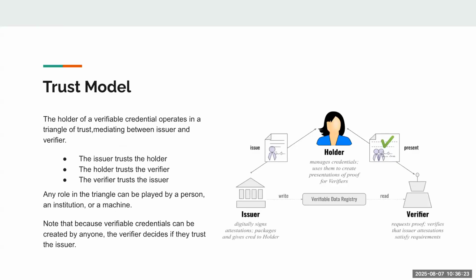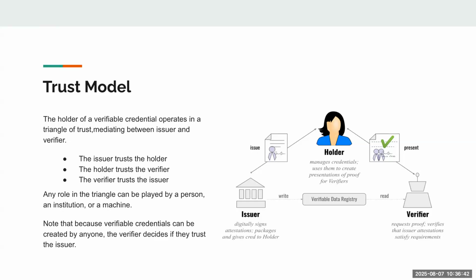So the trust model. In the trust model, we normally have three actors: the issuer, the holder, and the verifier. The issuer, we can say, is a government. The government issues a credential for a holder that, let's say, is you yourself.